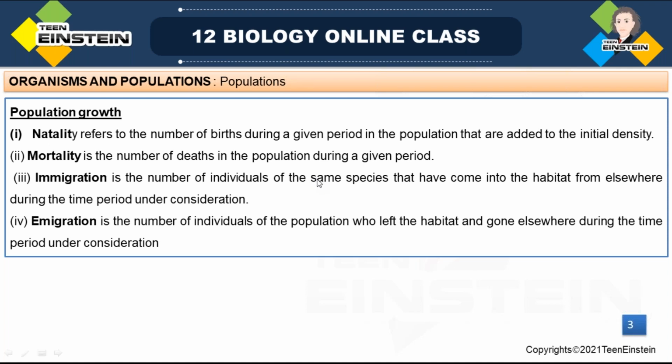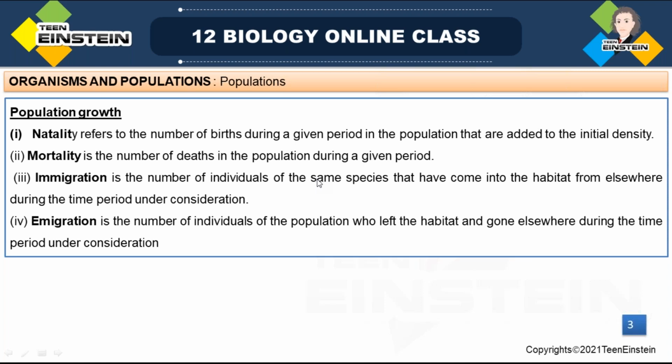So in the same species, the number of individuals is getting added. They came from somewhere, but here the total number of individuals became more. So immigration is adding, right? That increases the growth of the population.